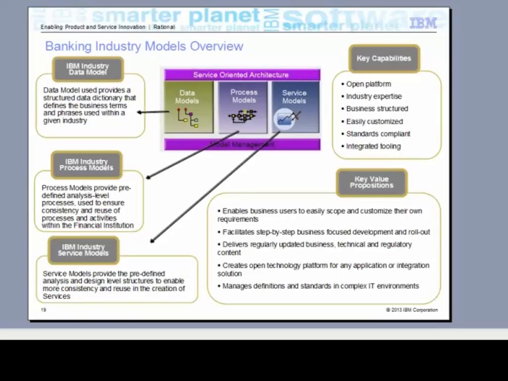One of the benefits of the IBM industry models is that they are harvested from decades of work with our clients around the world in this industry. We capture information about banking business functions and business processes, and these models are interrelated, meaning they are connected to each other. Not just at a coarse-grained model level, but the constituent parts of the models are connected to each other.